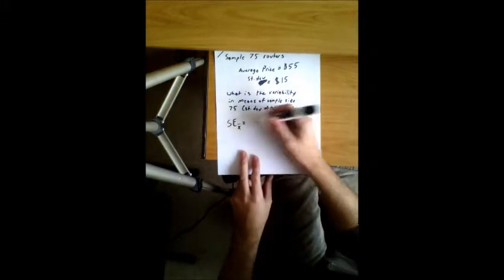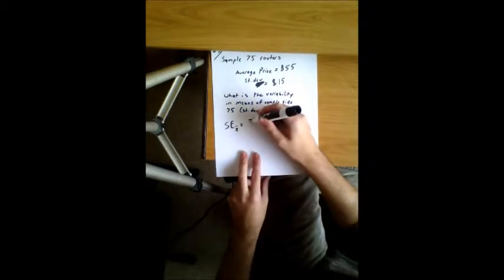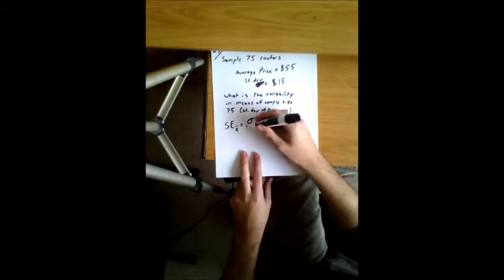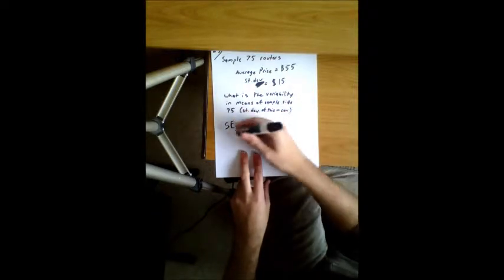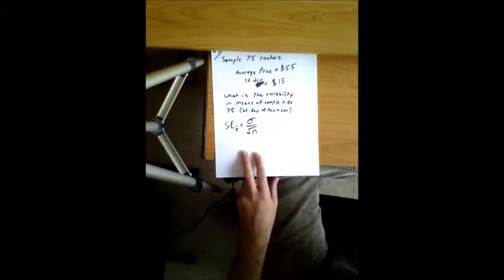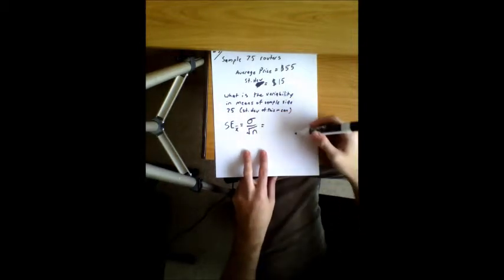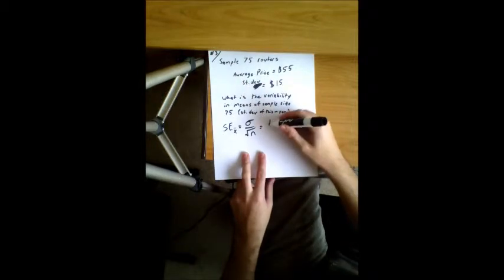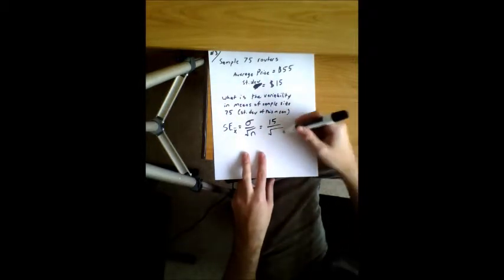So what do we really have? Remember, this is standard deviation divided by the square root of n. This is the standard error for a mean. From there, we just plug everything in, right? So it's just standard deviation was 15, all divided by the square root of n. And here n is 75.